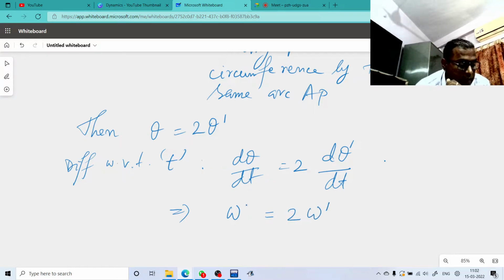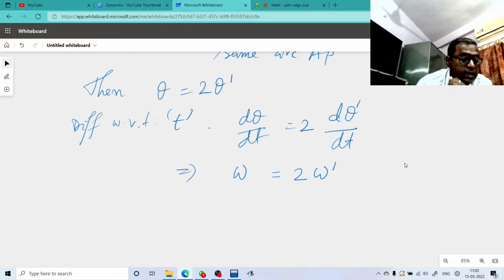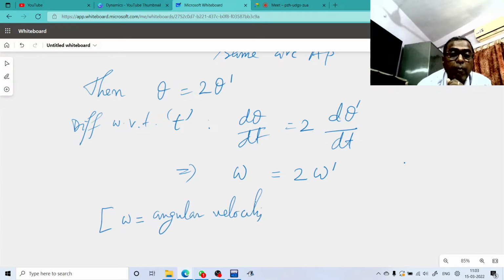Here omega is the constant angular velocity that is given. Here omega is the angular velocity of the point P with respect to the center O, and this is d theta dt.